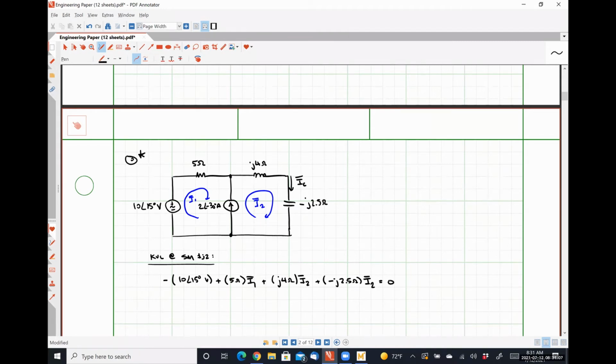So writing our mesh equation is exactly the same as previous. We just have J's and negative J's whenever we have inductors and capacitors respectively.